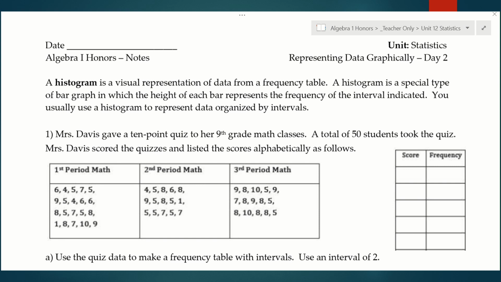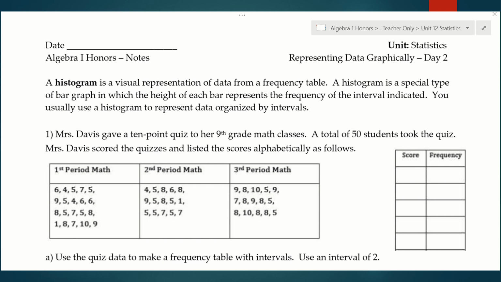So my bars, because they're intervals, are going to be touching. There's going to be no space in between, just as there's no space in between those intervals. So when you're looking at whether this is a bar graph or a histogram, those are the two things to look for: are your bars represented by intervals, and are the bars touching?